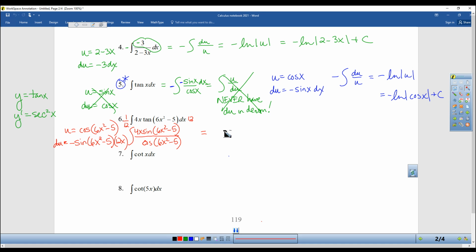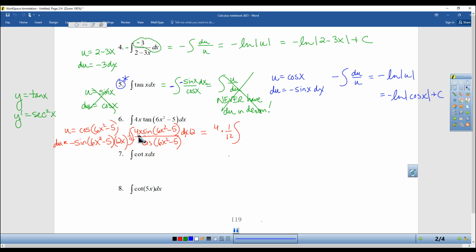Because I bring out the 4, which is a constant, the 1/12 is out there, the x and the 12 dx. Oh, actually, I guess I need to write it down at this line, dx and 12 and 1/12, because the other one doesn't have the sine and the cosine in it yet.